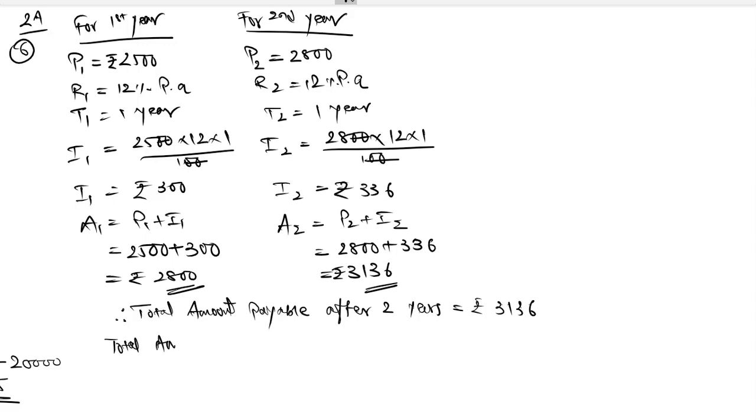Total amount paid is equal to rupees 2936 plus a watch. Therefore, 3136 is equal to... so to clear the account, because the account was cleared after this, the whole amount was paid.